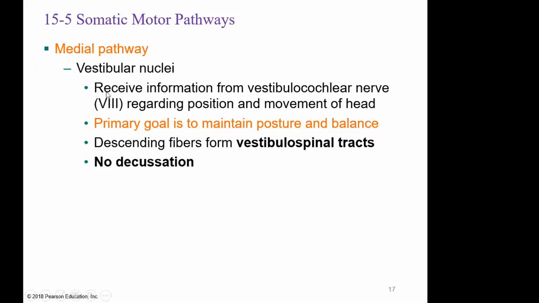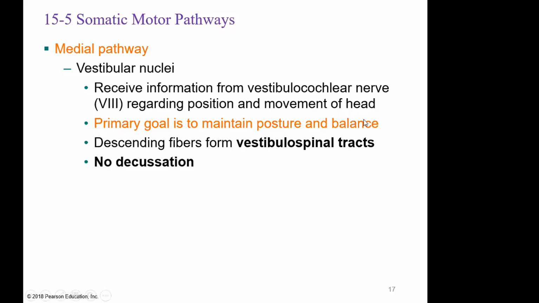For our vestibular nuclei, remember vestibulocochlear nerve, cranial nerve number 8. What we're going to be getting is information from that nerve regarding the position and movement of the head. And I've highlighted for you here in orange what the primary goal is for this particular pathway. We want to maintain posture and balance.